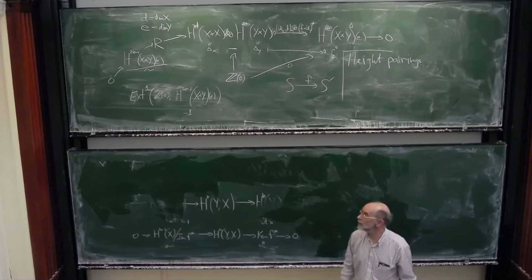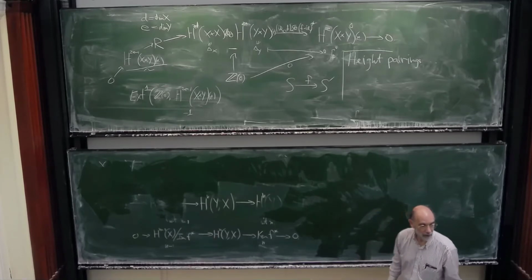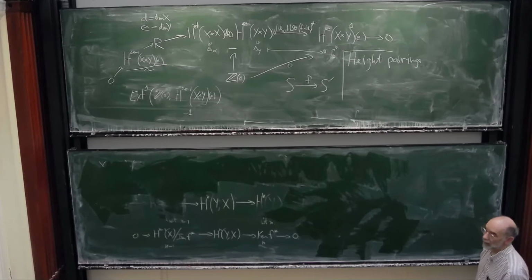I don't think so. I imagine that this cohomology H^n of (Y, X), you take the map from the constant sheaf of Y to the right push forward, and take the cone. Yes, fine.